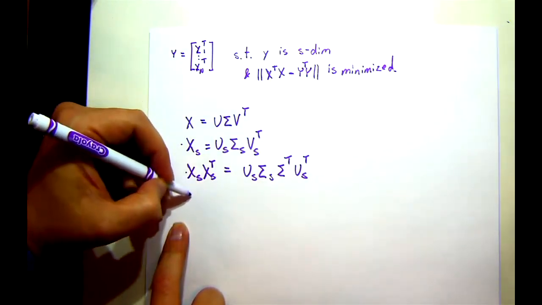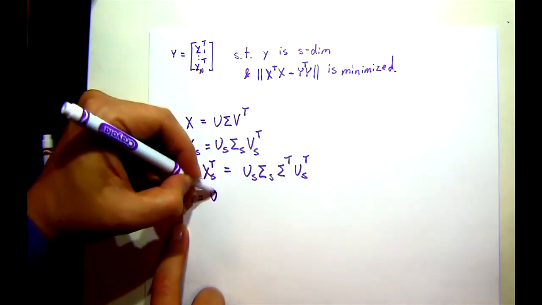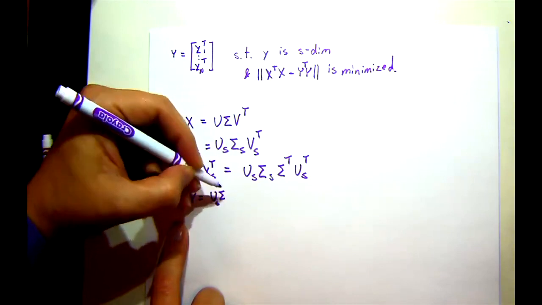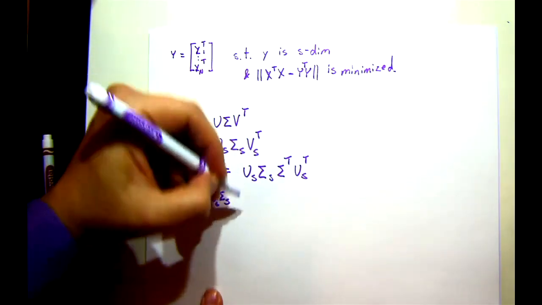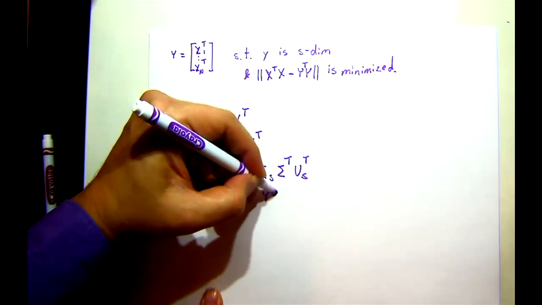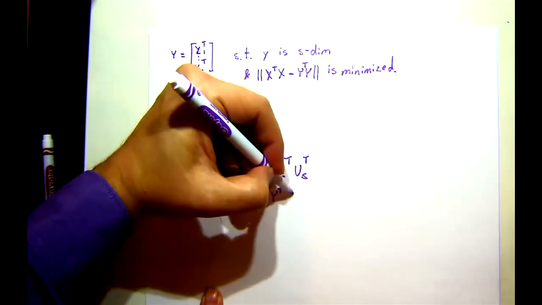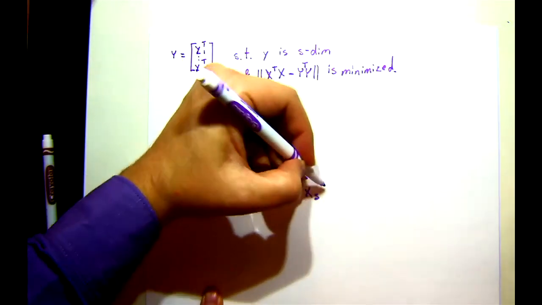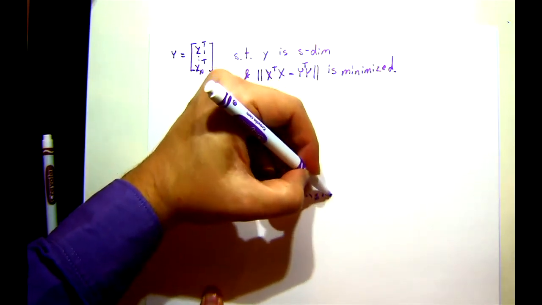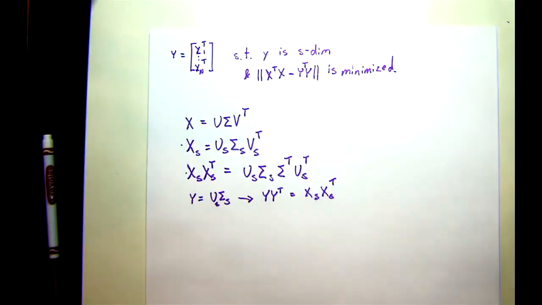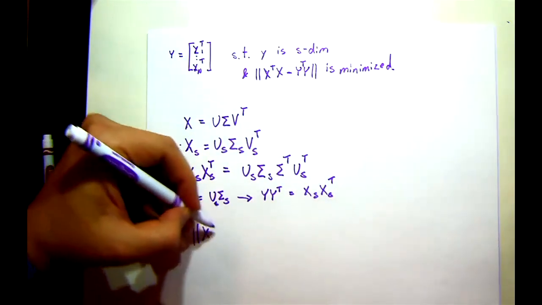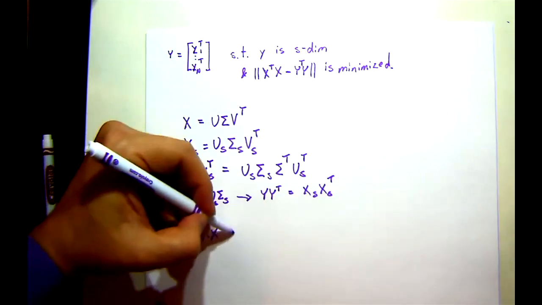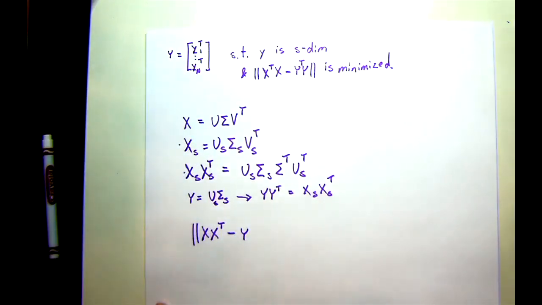Then if we take Y equal to U_S sigma_S, we end up with some Y Y^T equal to X_S X_S^T. And if we look at the error between X^T X and Y Y^T, this is the problem.